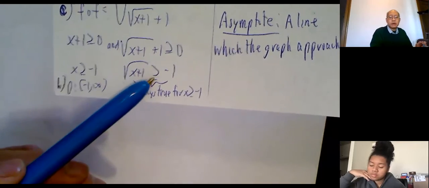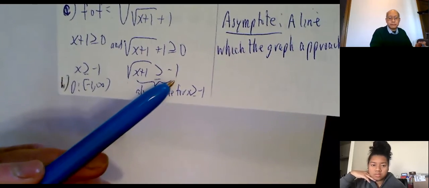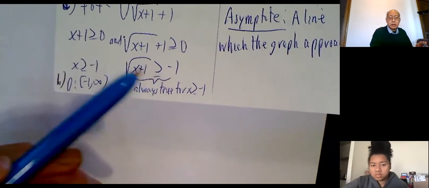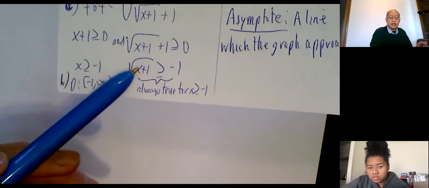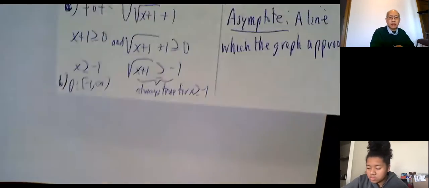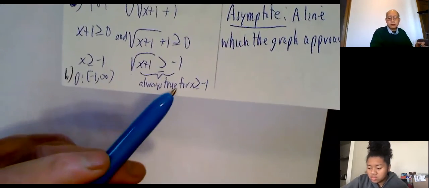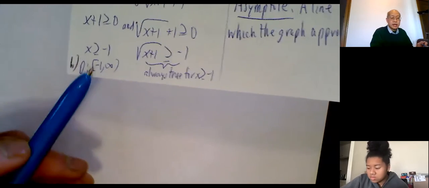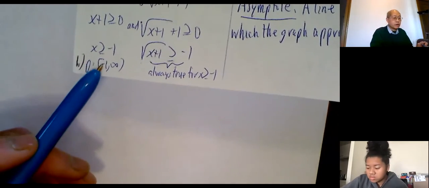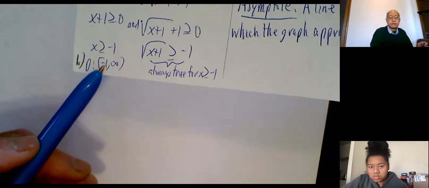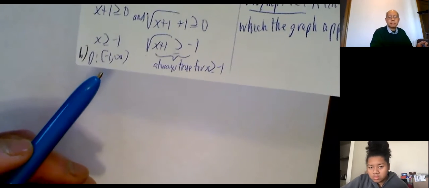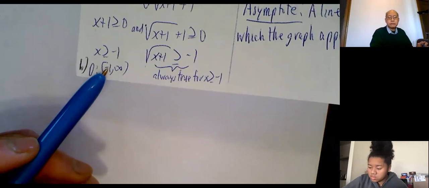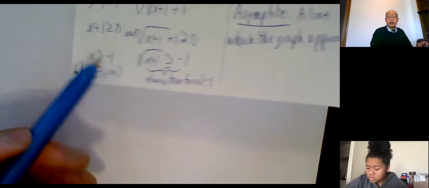Square root x plus 1 greater than or equal to -1. But wait a minute, if you take the square root of anything, it's automatically greater than or equal to -1. So that's always true whenever x is greater than or equal to -1. So in other words, the domain is also bracket -1 to infinity for that one. All right, so that's what I have for that one.